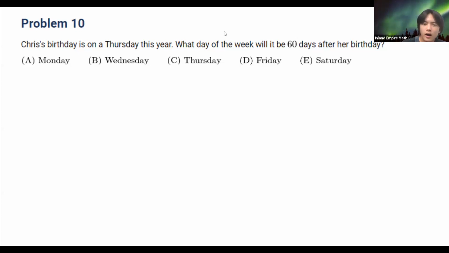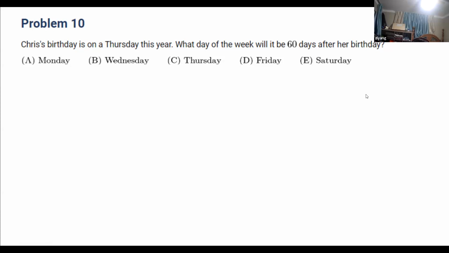Okay, the person who got D, how did you get D? Is that Jasper or Zion? One of you guys. I was on the right track, but I miscalculated a little. So I divided 60 by 70.